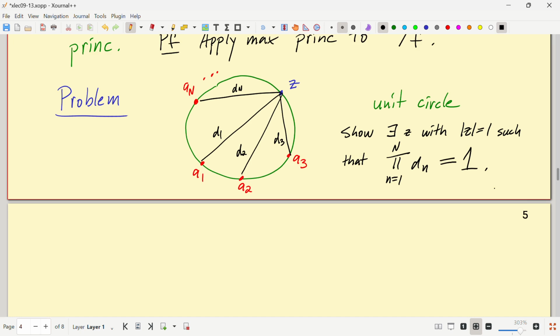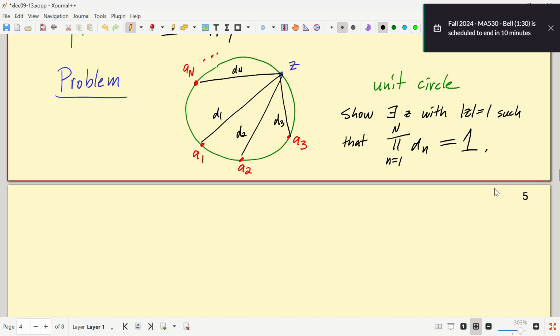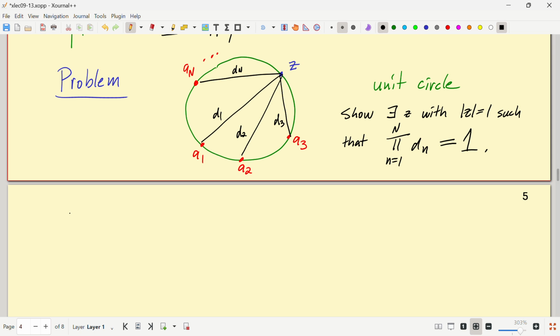Let's see, somehow we want to get an analytic function to think about here. And of course the distance, so I'm thinking here, the distance d sub n is the modulus of z minus an.